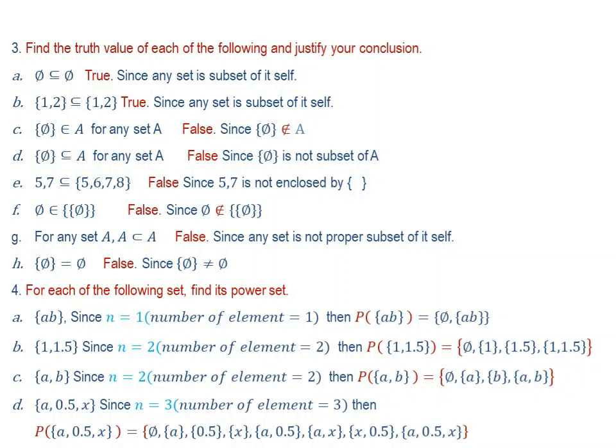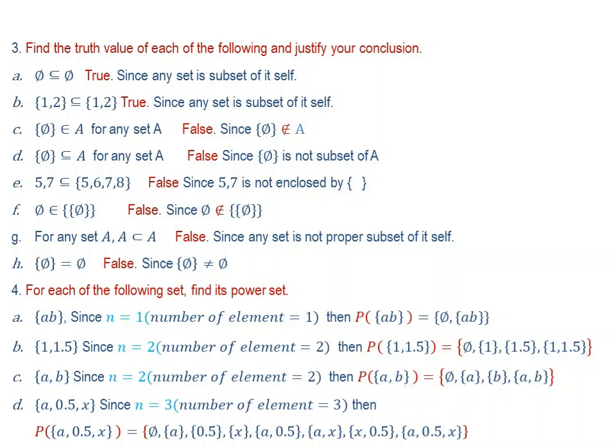D. The set containing A, 0.5, x. Then how can we find the power set of this? Now here we have 3 elements. If the number of elements is equal to 3, then the number of elements of the power set is 2 to the power of 3, which is 8.